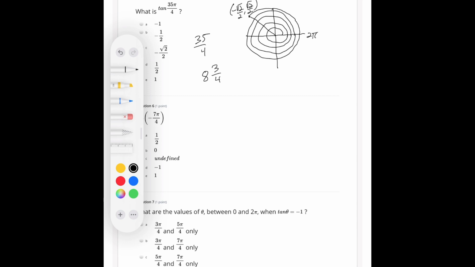Tangent is y divided by x, and that gives me -1. For tangent of a pi/4 value, in the first quadrant it's 1, in the third quadrant it's 1, in the second quadrant it's -1, and in the fourth quadrant it's -1.